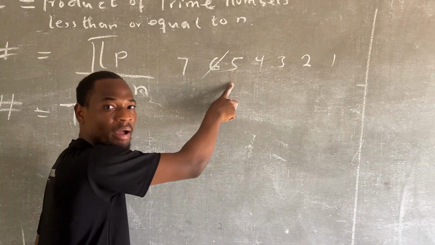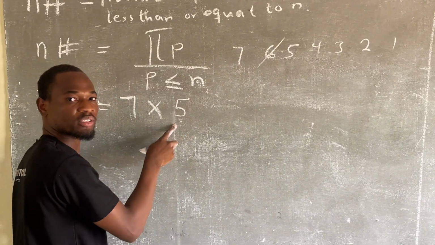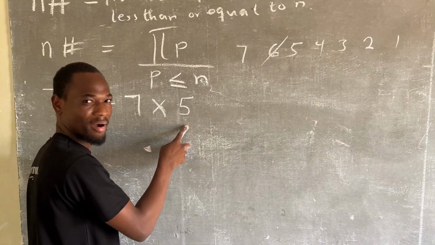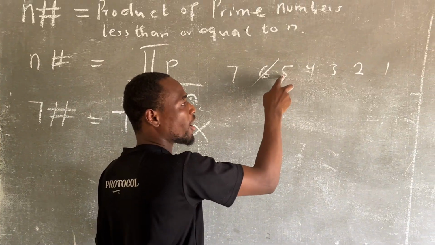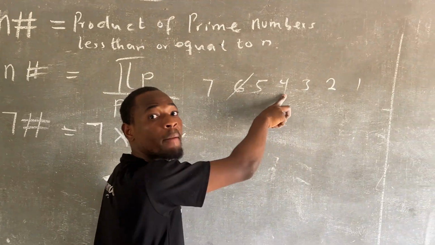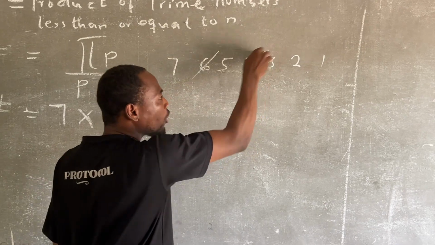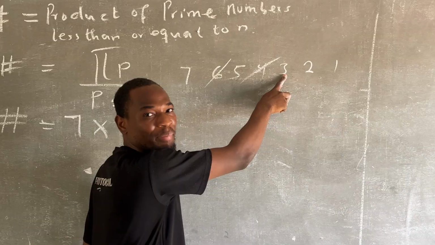Is 5 a prime number? Yes. So I'll multiply by 5, because that's the next prime number. After 5 you have 4. Is 4 a prime number? No, so I'll discard the 4 and move on to the next prime number. Is 3 a prime number?